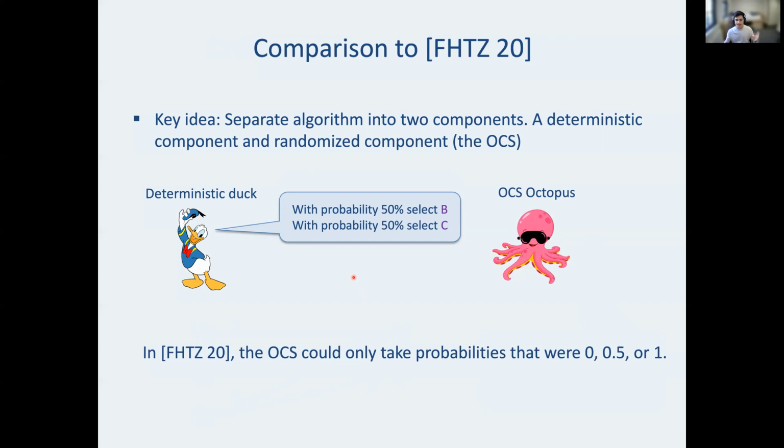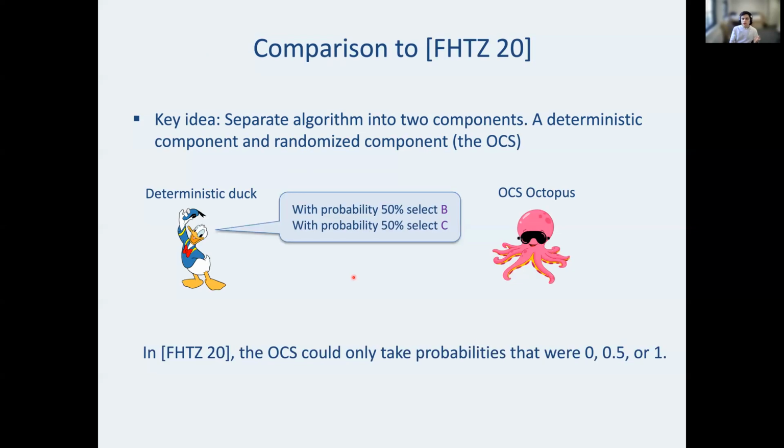One way to view it is it can either select a single element with probability 100%, or two elements with probability 50% on each. Those are the only things it can do. So there's a more limited interface in what the OCS can accept. We accept arbitrary probability distributions. They accept pairs of elements or a single element to match with probability 100%. And just for time purposes, that's all I'll be able to go into in the difference of the two OCSs.